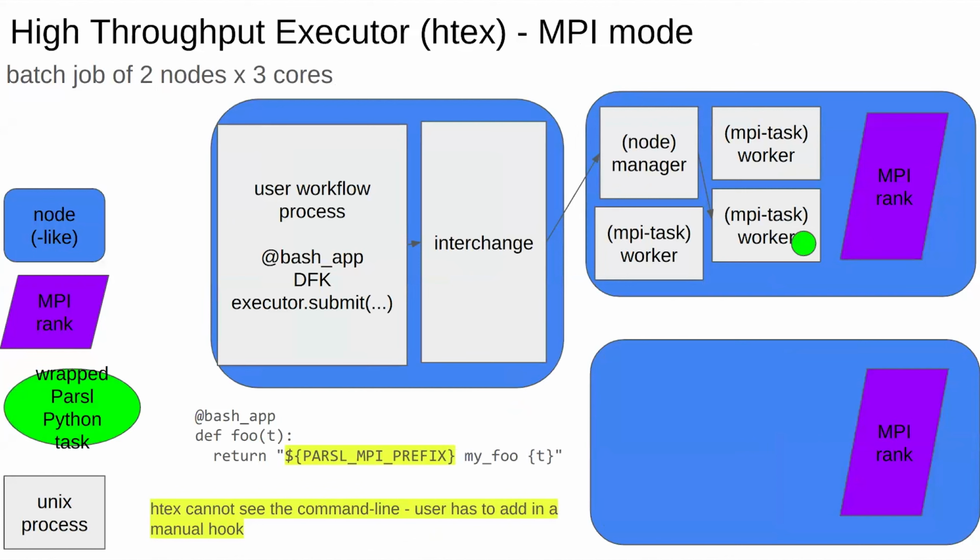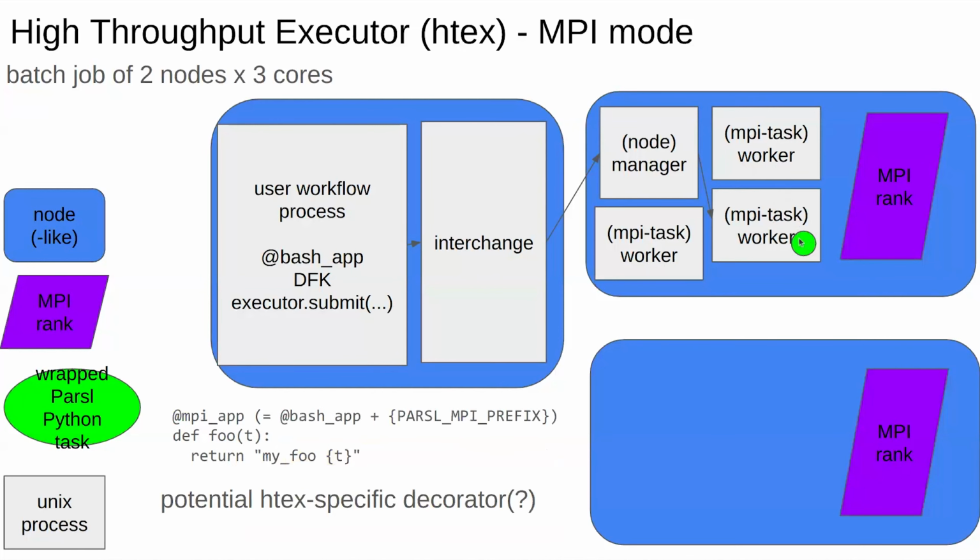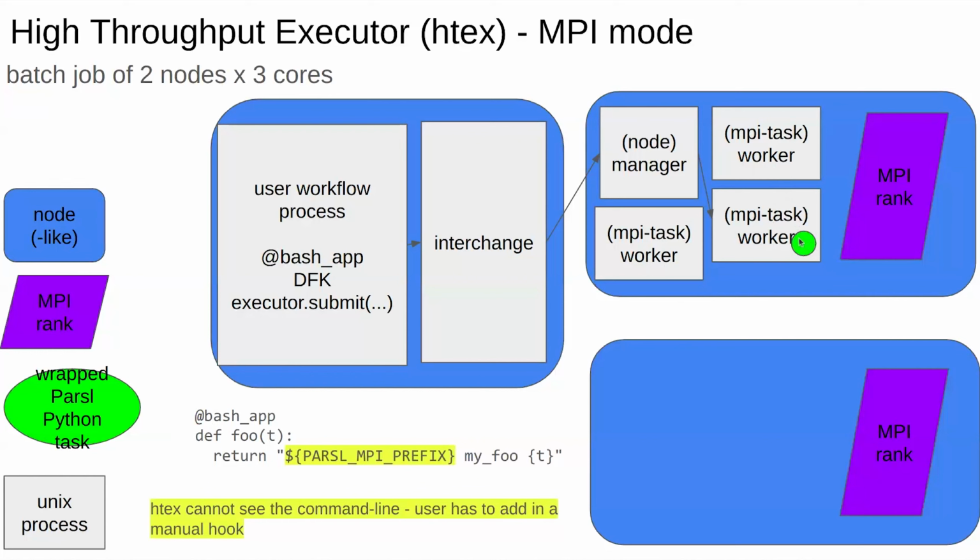So the setup is very different here. We've still got the interchange, we've still got managers and workers. But now, instead of using the manager and worker model to distribute work between nodes, we let srun do that, or MPI exec or whatever. And what happens is just on the head node of your batch job, you have some workers, and those workers are expected to call out to srun or MPI exec or something like that.